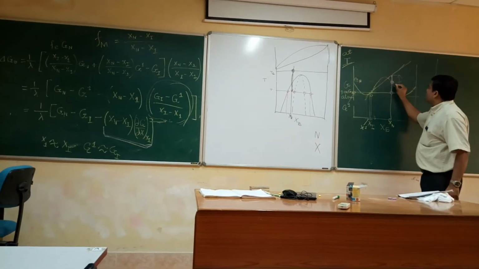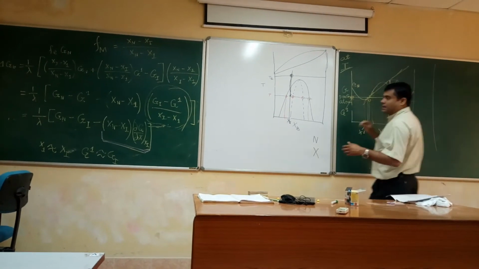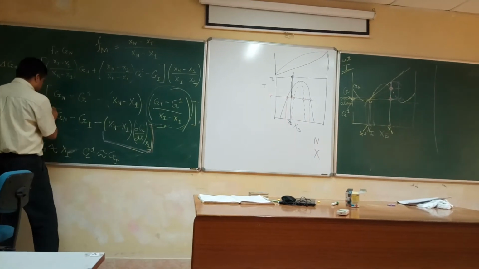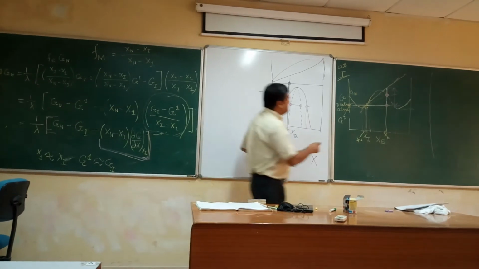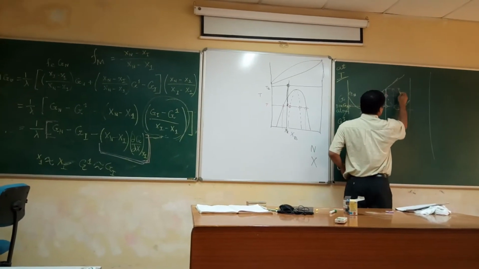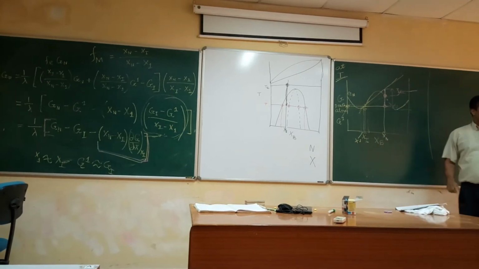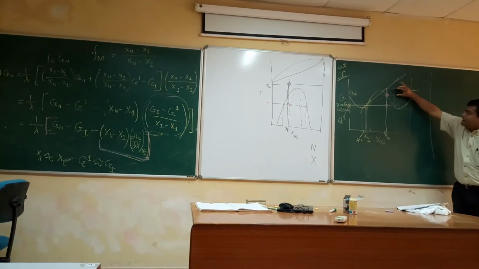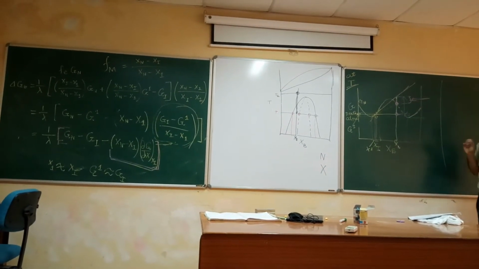So the 1 over lambda multiplied, whatever is within the box bracket, this one is nothing but this length. So negative of 1 over lambda multiplied by this length is your delta GV.